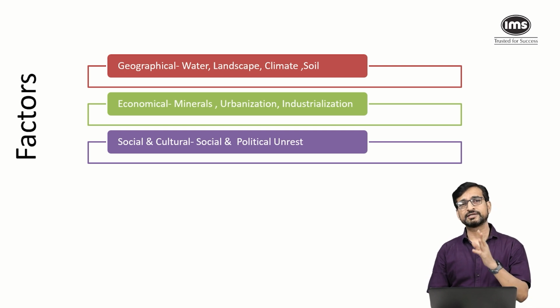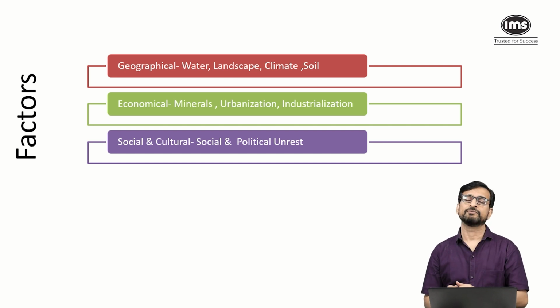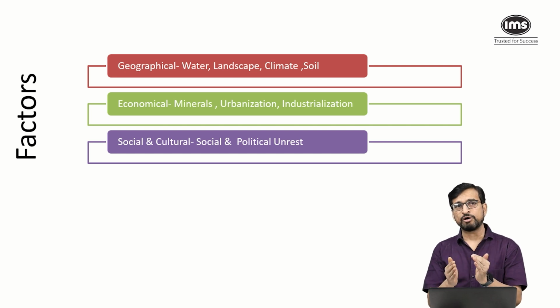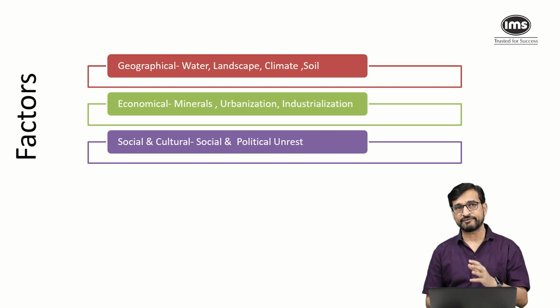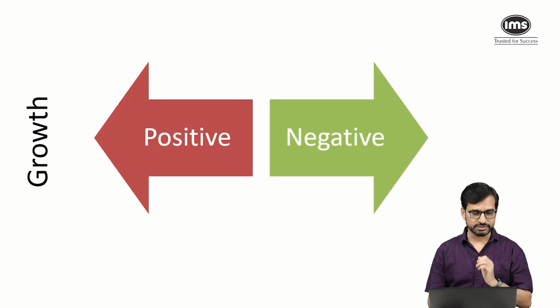So these are the factors which affect the population concentration. In one word, population concentration, that is the pattern of living of the people in a particular area, is called population concentration. It is largely factored by these factors which we have already discussed.